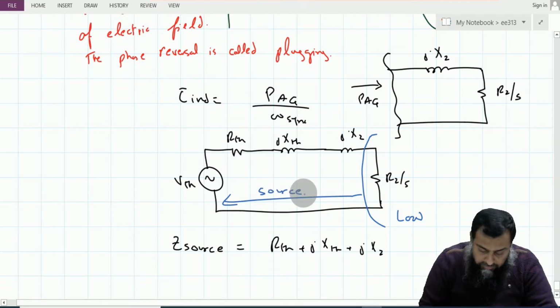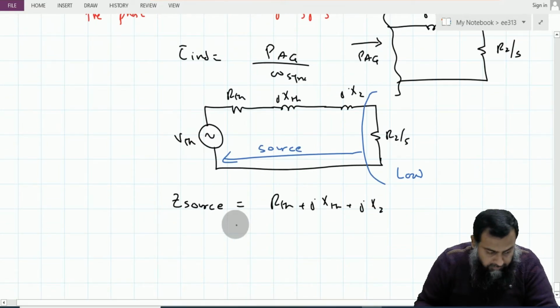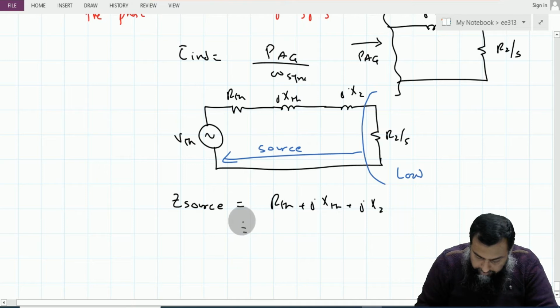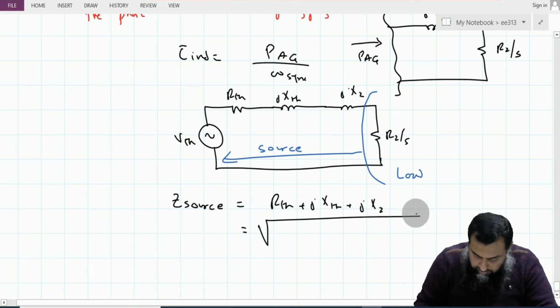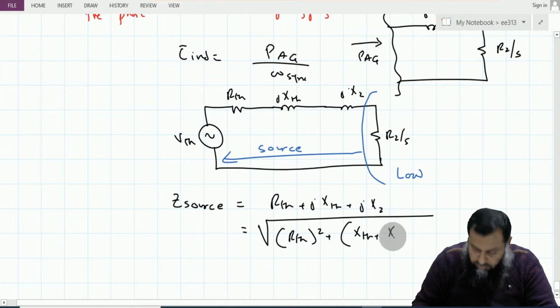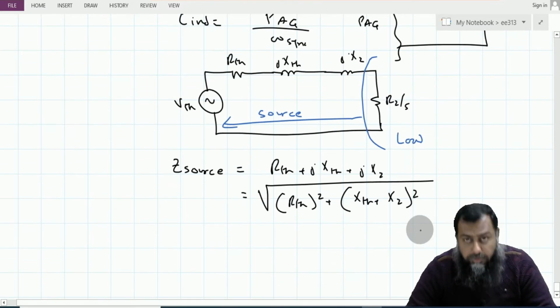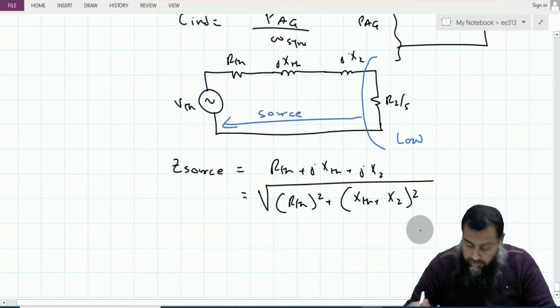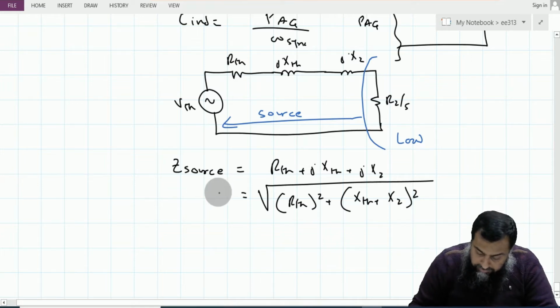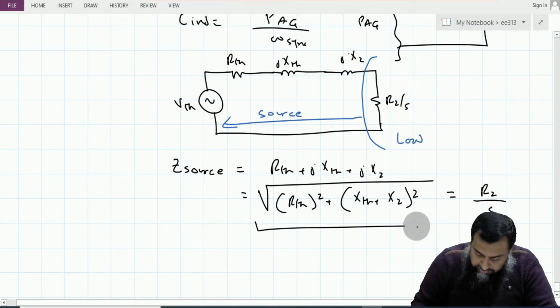So this Z Thevenin, the source, is equal to the square root of R Thevenin square plus (X Thevenin plus X2) whole square. To ensure that the maximum power is consumed in this R2 over S, this Z source is equated with the value which is equal to R2 over S. This is the same condition which is outlined in the maximum power transfer theorem.